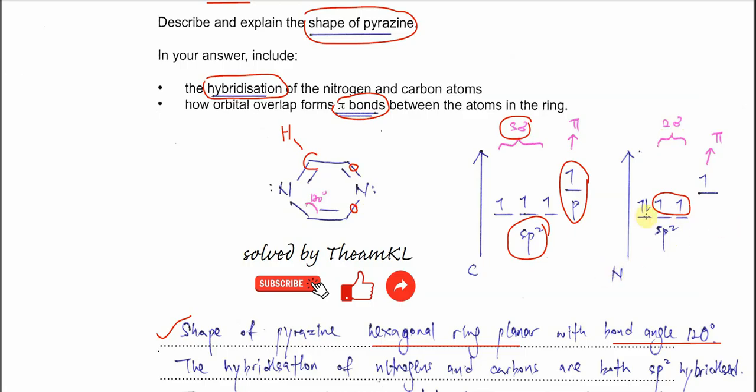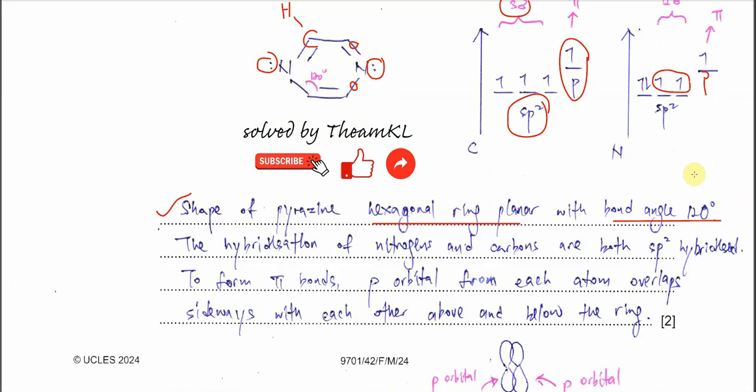So in the hybrid orbitals, there will be 1 hybrid orbital with a lone pair. So the lone pair on this nitrogen is in the hybrid orbital, and there will be another unpaired electron in the p orbital, which is used to form the pi bond. So now we know that nitrogen and carbon are both sp2 hybridized.